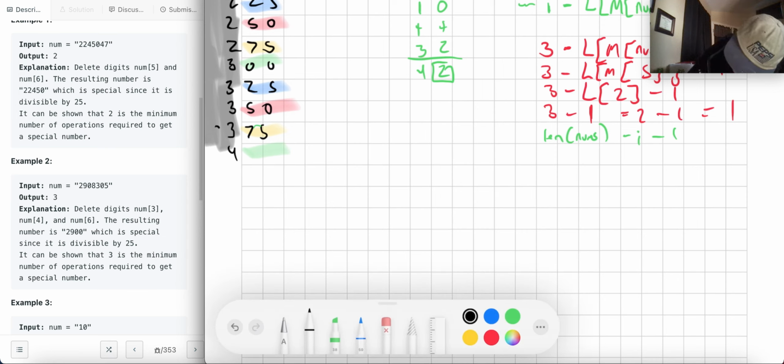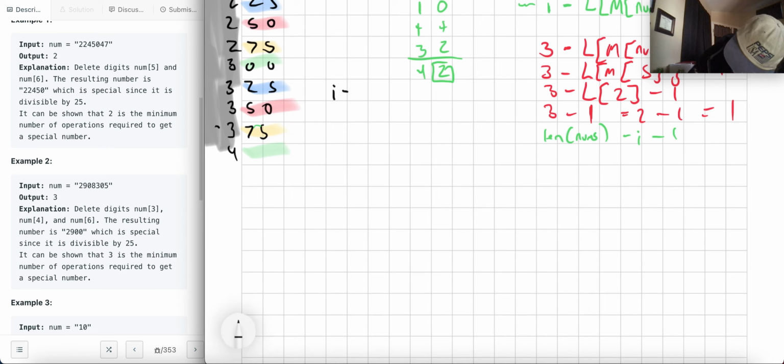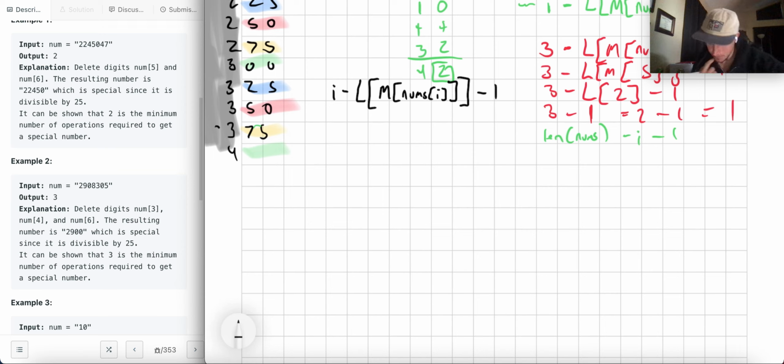All right, so the equation is i minus the last of modified of nums of i, minus 1, plus the length of nums minus i minus 1.